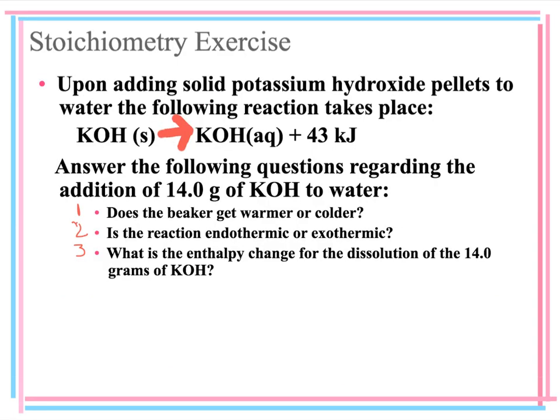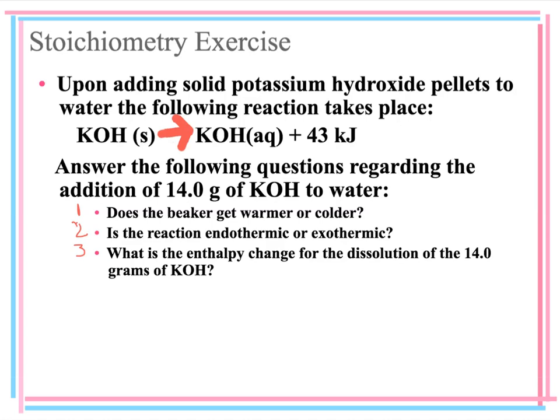All right, so let's do a stoichiometry exercise, and I hear the collective groan of you saying, oh no, not more stoichiometry, but it never really goes away now that we've learned it, so let's just continue forth here. Here we have potassium hydroxide in a solid form being dissolved in water, and it goes from solid to aqueous, plus 43 kilojoules.